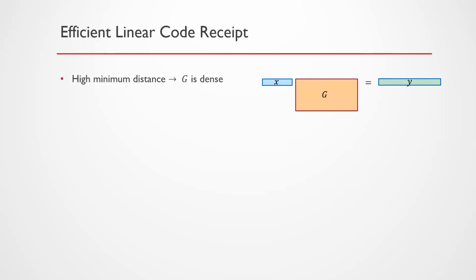And the way we're going to characterize minimum distance is the lowest weight code word that the code generates. And so each row of G will be a code word, and therefore it's pretty easy to see that G must be dense. And that immediately rules out any way to do naive matrix vector multiplication. And so we need some special structure so that we can do this matrix vector multiplication some other way.